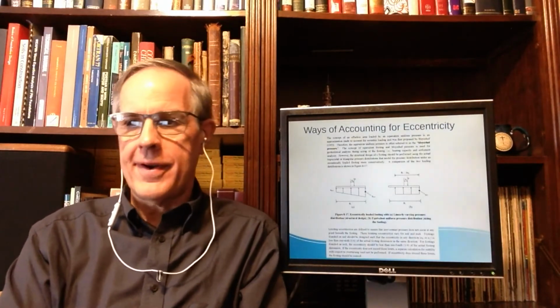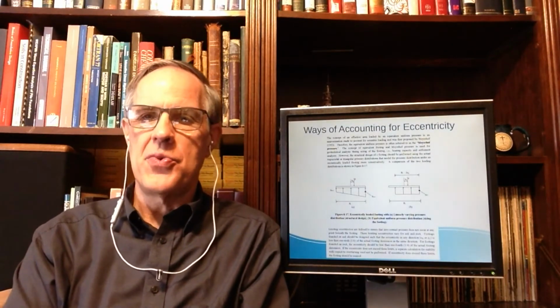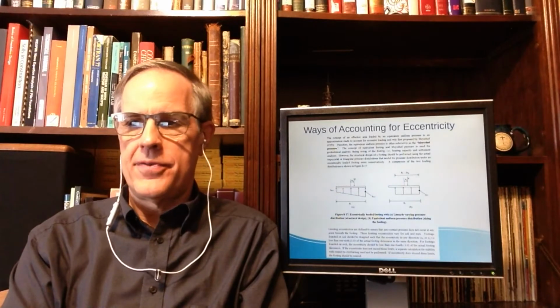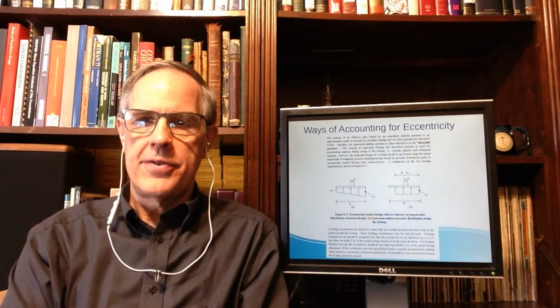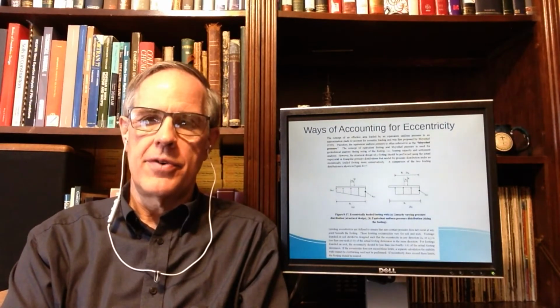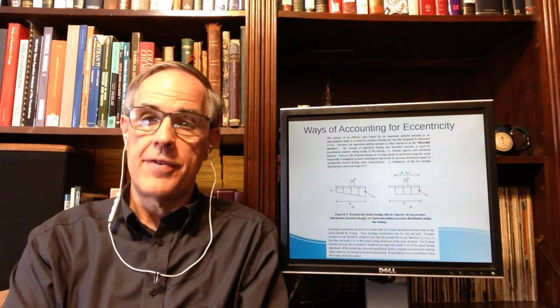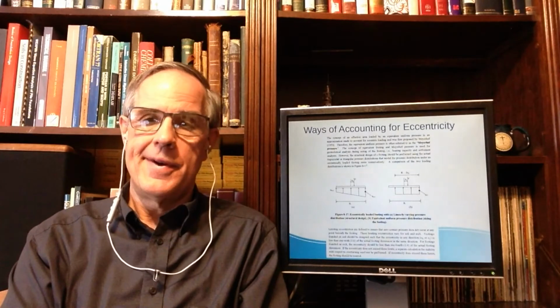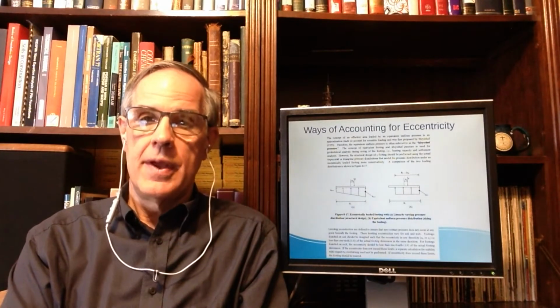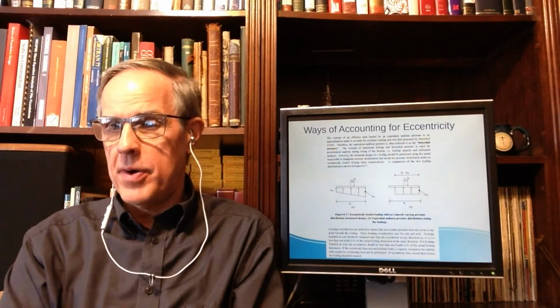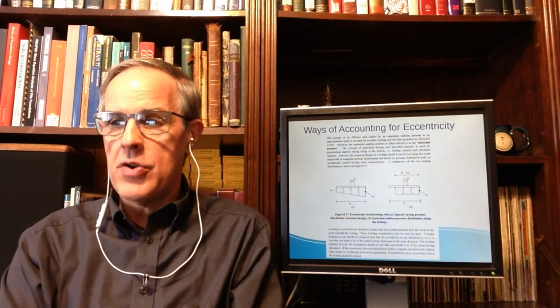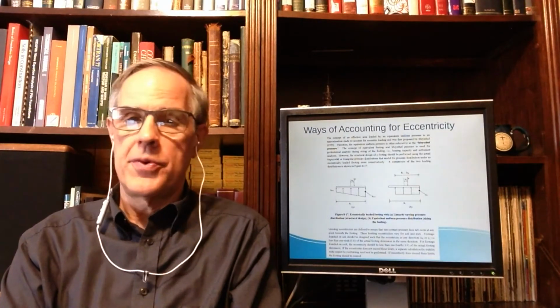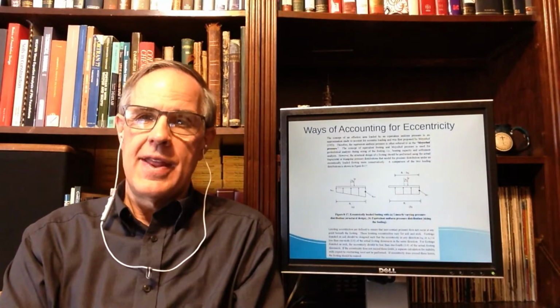The tricky part is that there are two ways of accounting for eccentricity in shallow foundations. And we use both of them. Unfortunately, we do. Your book talks about how we use the ramp system for structural analysis.